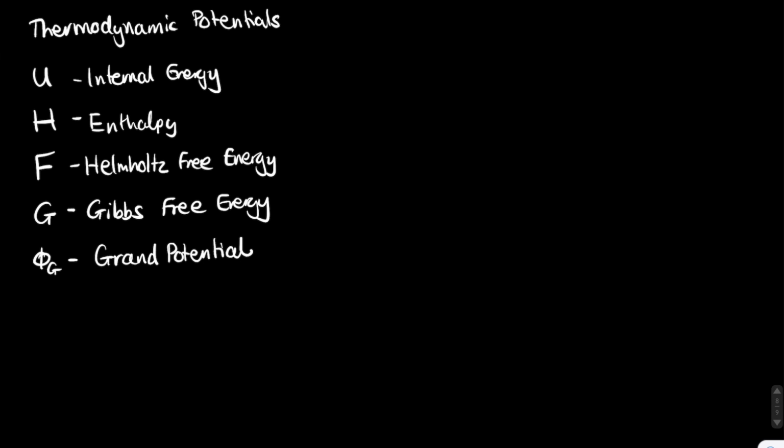So how am I going to define these two free energies? Well, the Helmholtz free energy is defined as F equals U, the internal energy, minus the product of temperature and entropy, TS. There's quite a good physical reason for doing this, because if you subtract TS, you end up with what's called the free energy.